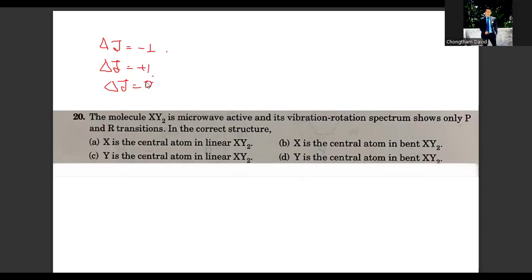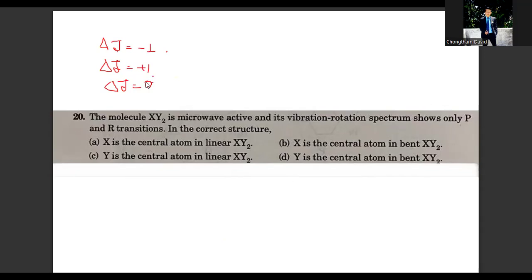If the PQR lines are present, the structure is bent, and PR lines represent a linear structure for rotation with a permanent dipole moment. So this is the first part. Then the third step is regarding the structure. A linear molecule like carbon dioxide, which is symmetric in nature, has no permanent dipole moment.